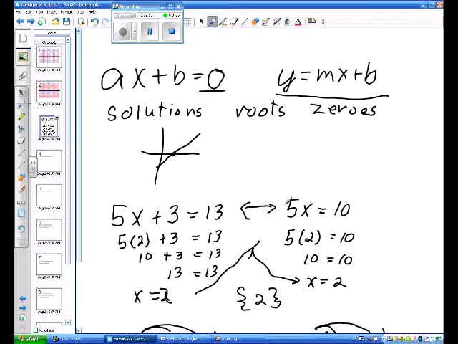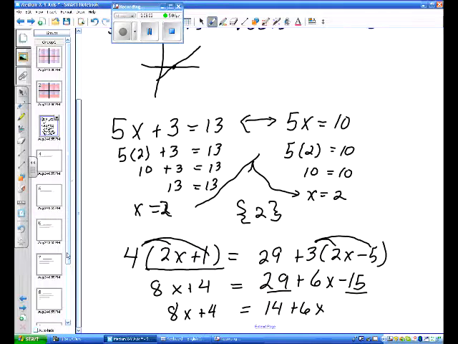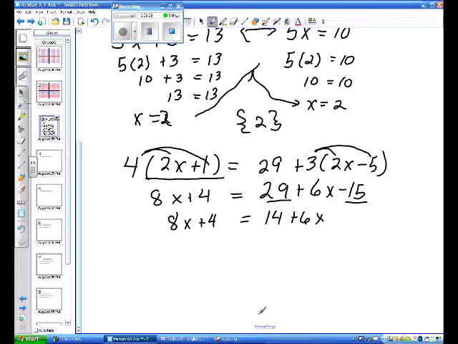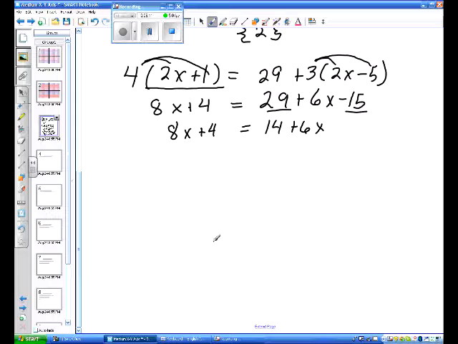Now, as we go back to this, we're ready to begin solving. And at this stage, this is the most complicated equation that we will ever solve.